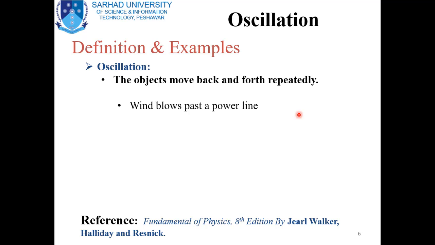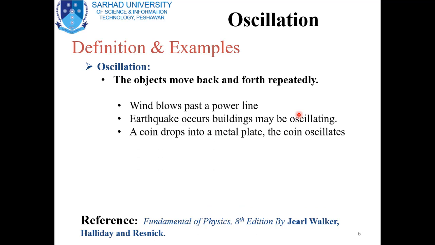It may oscillate up and down or left and right. Second, when earthquakes occur, buildings and many hanging objects oscillate. In the next example, a coin and a metal plate both oscillate when the coin drops onto the metal plate.